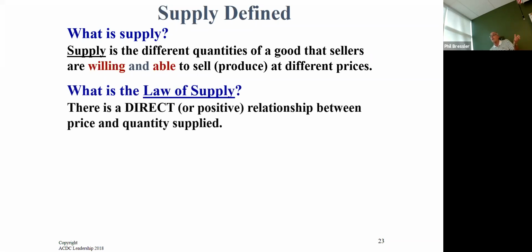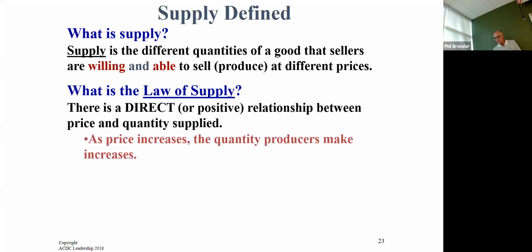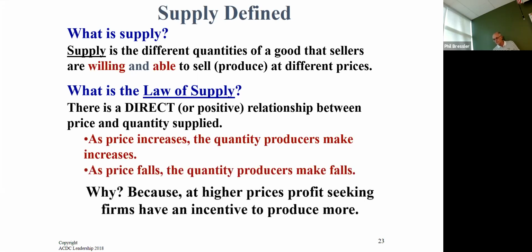Because when prices go up, producers make more money, so quantity supplied increases. Remember, price is about quantity supplied. And that's what I said, because at higher prices, firms make more money, so they'll supply more.